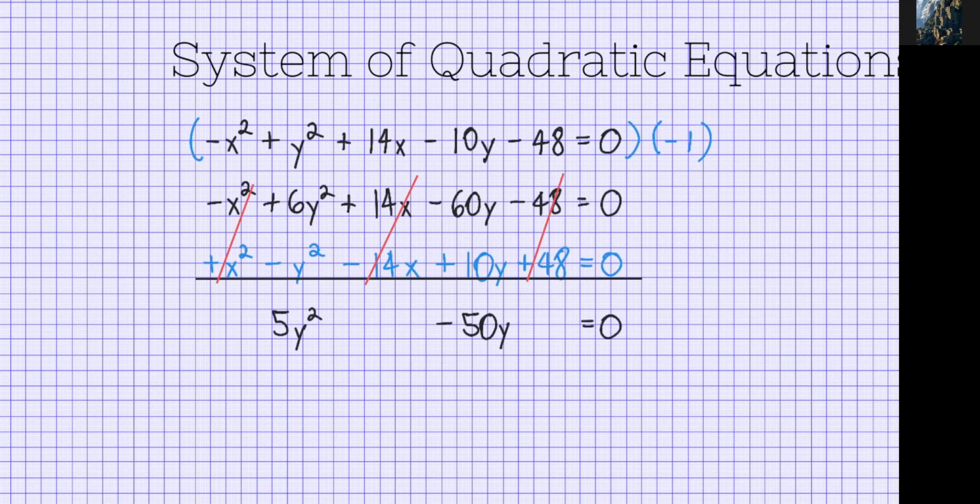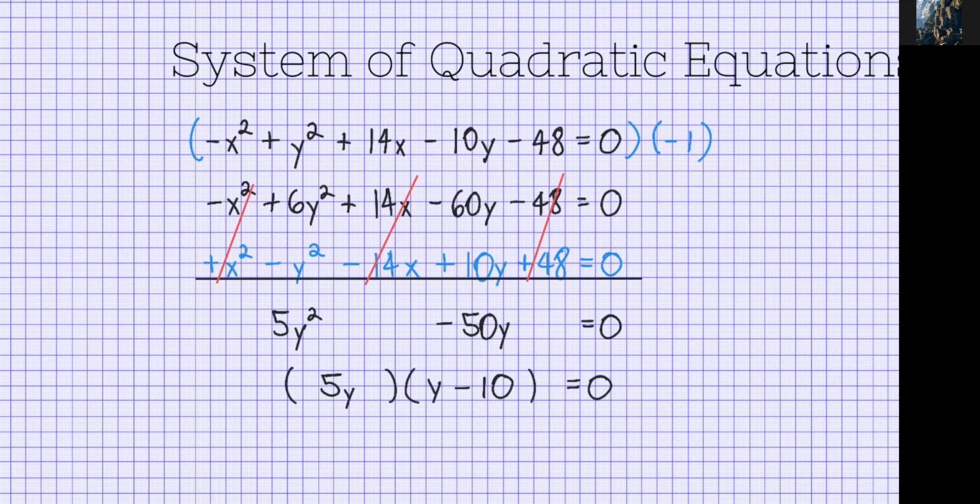Now I have to factor this equation. So I'm going to use 2 parentheses to factor this. If you see, as like terms or common factors, I have the 5 and also the y. So I'm going to factor 5y, and the other term will be y minus 10.